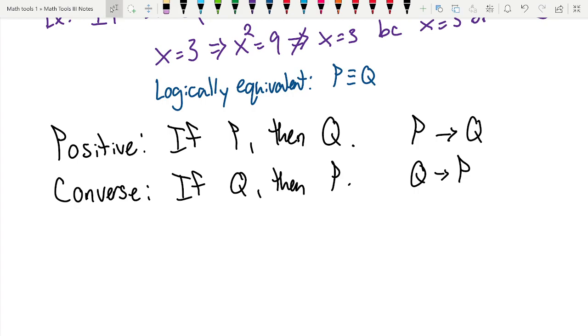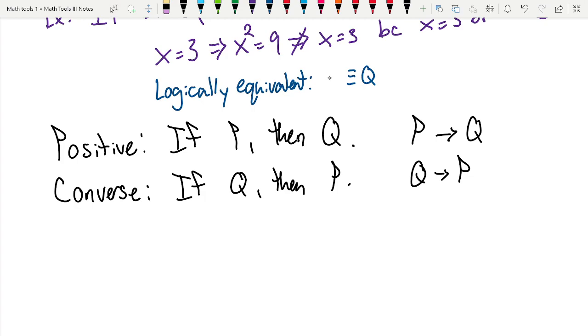So the converse is important because I think often our first instinct is, if we get a positive statement and we prove it's true, then we want to say, okay, well, what about the converse? Is the converse also true? And you might immediately be able to dismiss it as, no, of course it's not true. But if it is, that's something we want to know, because if the positive and the converse are true, then that means that P and Q are exactly the same.